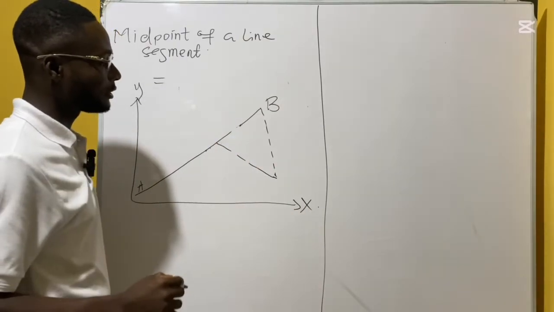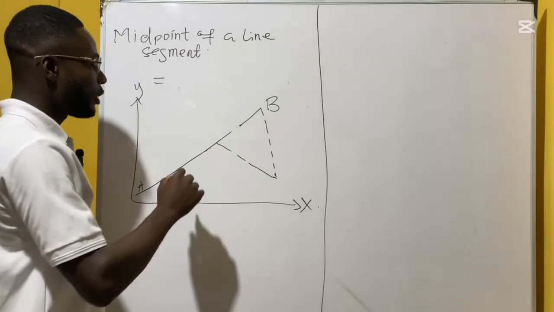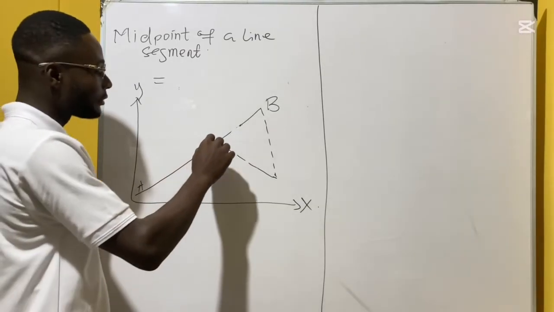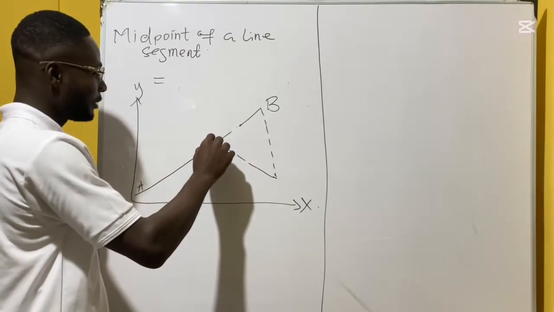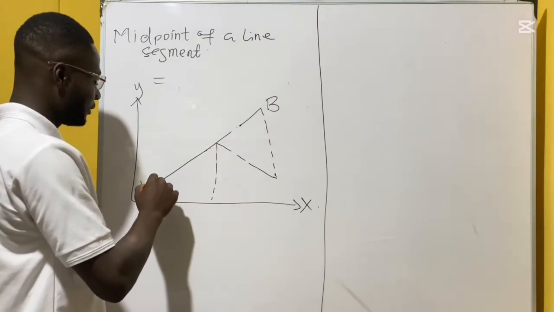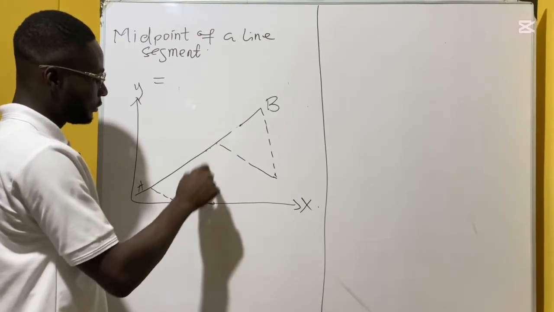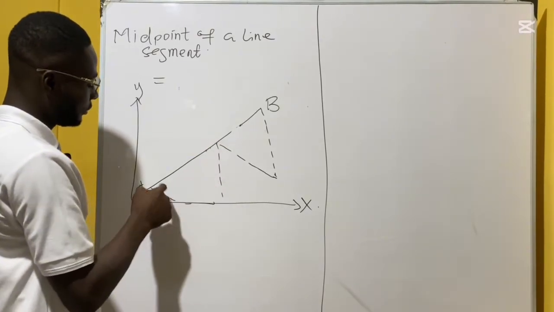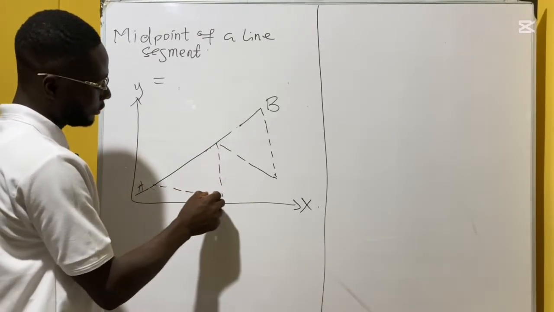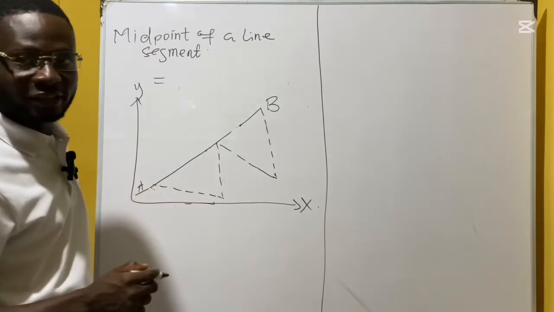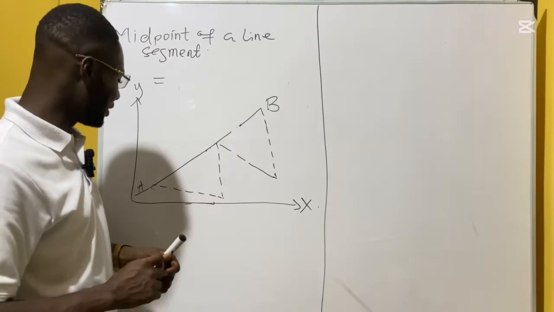Right. So this is a triangle and we form another triangle out of this here. Okay. So this is a beautiful triangle that we got from this.